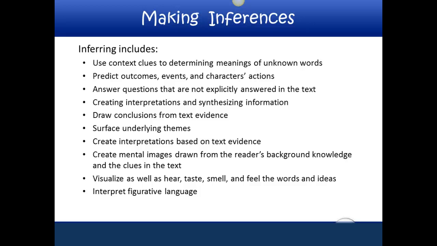Inferring includes using context clues to figure out unknown words, predicting outcomes, events, characters' actions, and motivations, answering questions that are not explicitly stated or answered in the text, creating interpretations or synthesizing, or putting together information, drawing conclusions, surfacing underlying themes because themes are implicit, creating interpretations based on text, mental images, and other sensory images such as hear, taste, smell, and feel words, as well as interpreting figurative language, just to name a few.